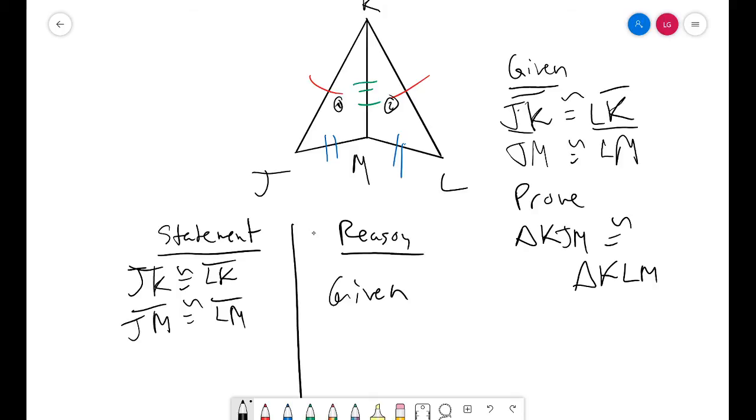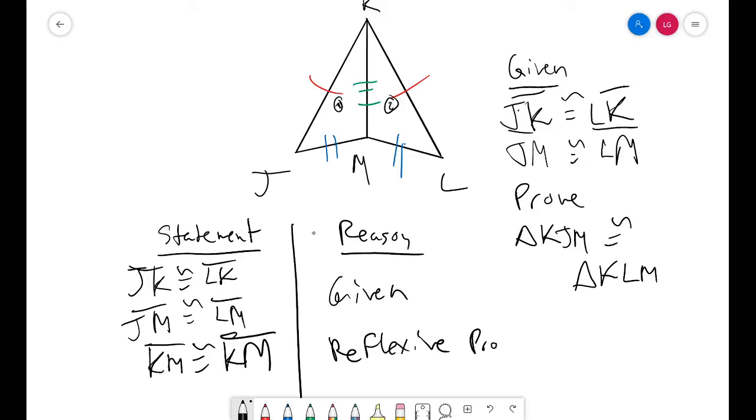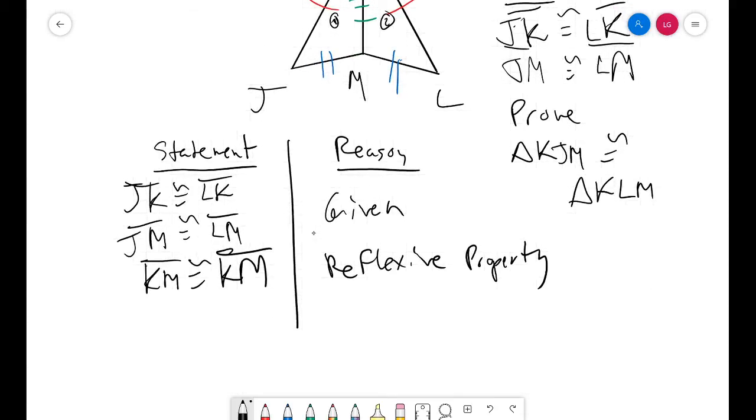But this KM congruent to KM statement is very, very useful. The reflexive property: something is congruent to itself, and that becomes incredibly useful precisely when that same thing is part of two different things, part of two different triangles.